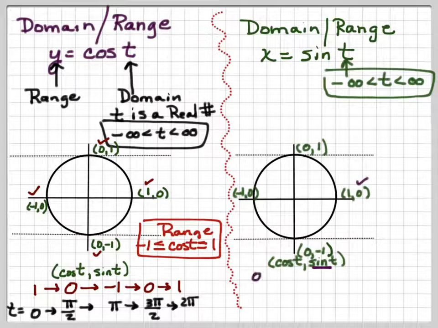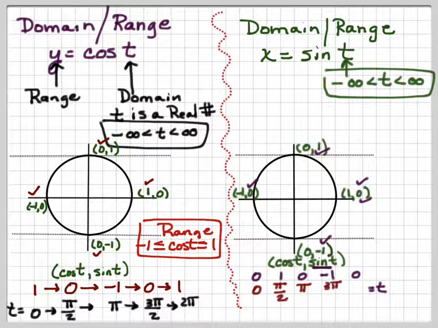So on the first one, at 0 degrees, it's 0. At 90 degrees, it's 1. At 180 degrees, it's back to 0. At 270 degrees, it's negative 1. And at 360, it's 0. So once again, t has gone from 0 to pi over 2, or 90 degrees, to pi, or 180 degrees, to 270, or 3 pi over 2, and then back to 2 pi.